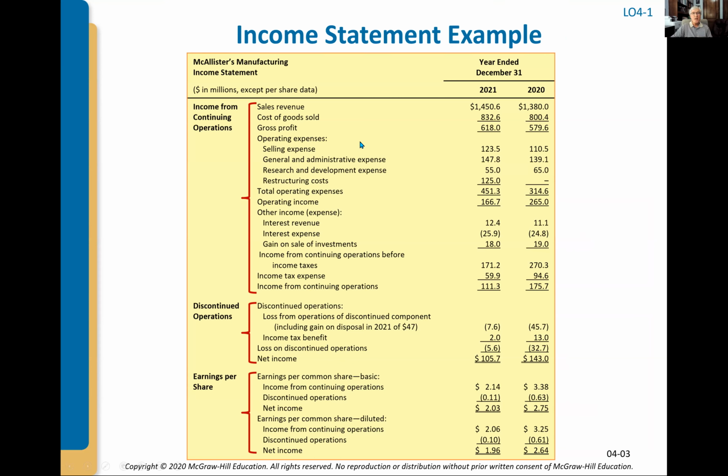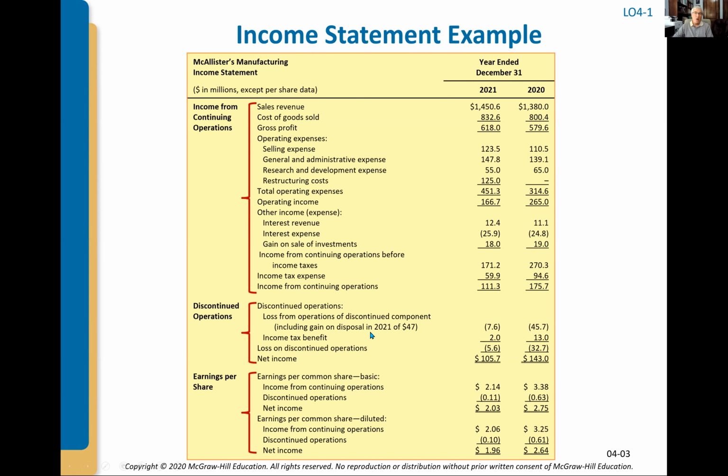So the first section is income from continuing operations, and contrast that with discontinued operations. There may be some areas of the business that are not going to continue to be part of the business in the future. Either we could liquidate it, but more likely it's areas of the business that we're going to sell off.